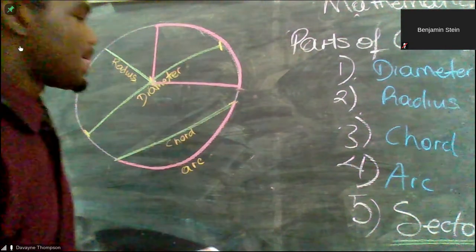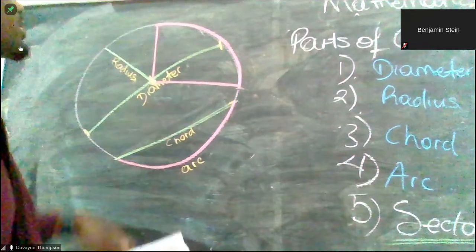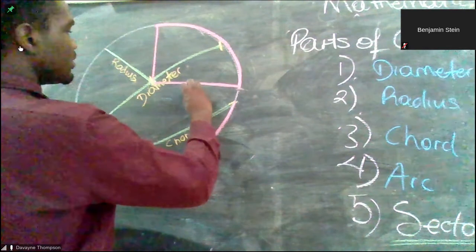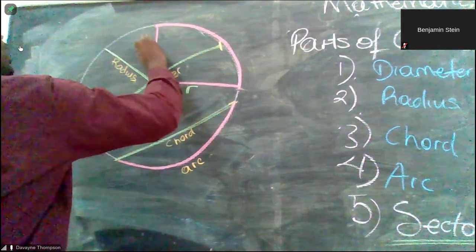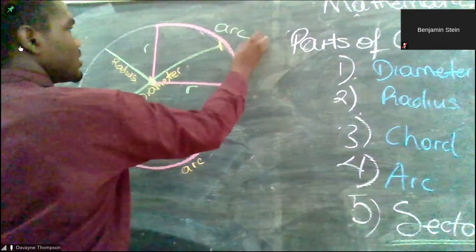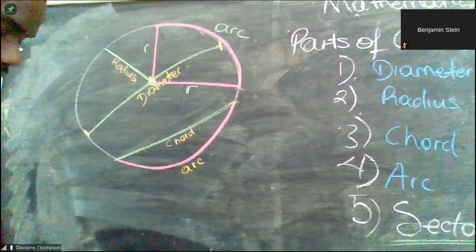focus on this. The sector is a combination of some things. Let me highlight it for you. We have an R here. We have a center point here. We have another R over here. And we have an arc here. So write that for me.